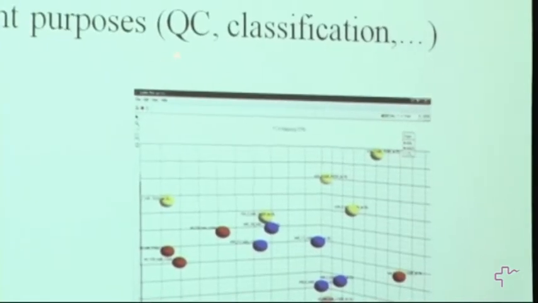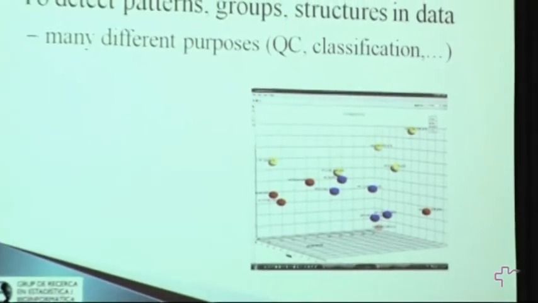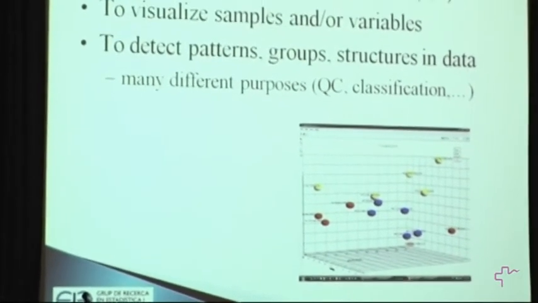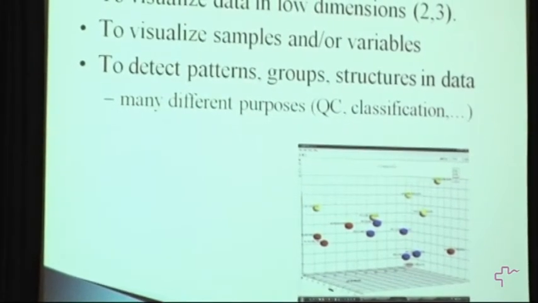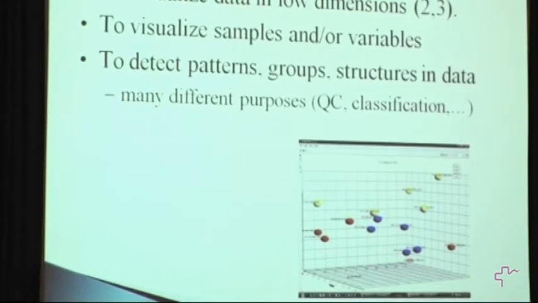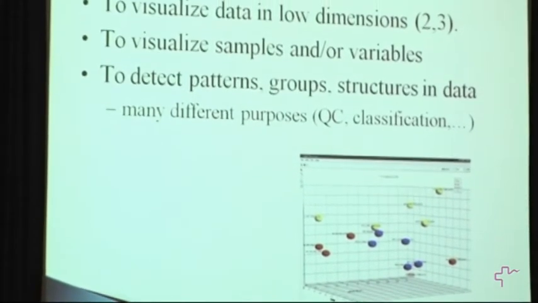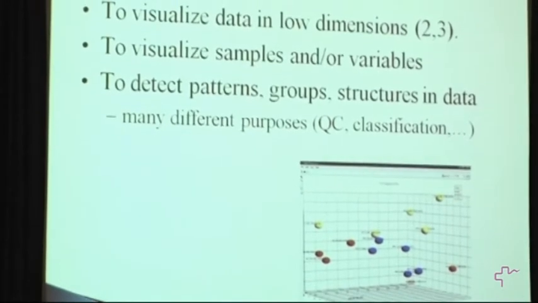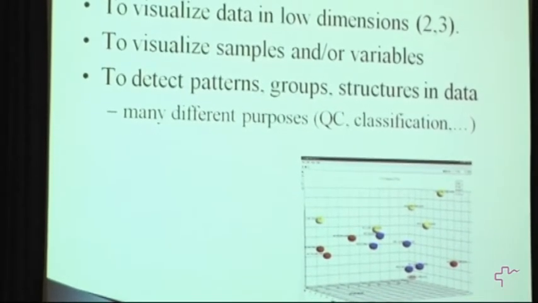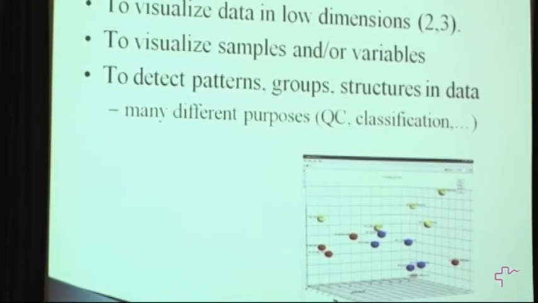So, given this property, PCA has been used to do many different things. I will not go into it, but the main use is to visualize data in low dimensions, because, as I said, we may not need all the dimensions. For this reason, it's also called a dimension reduction technique.